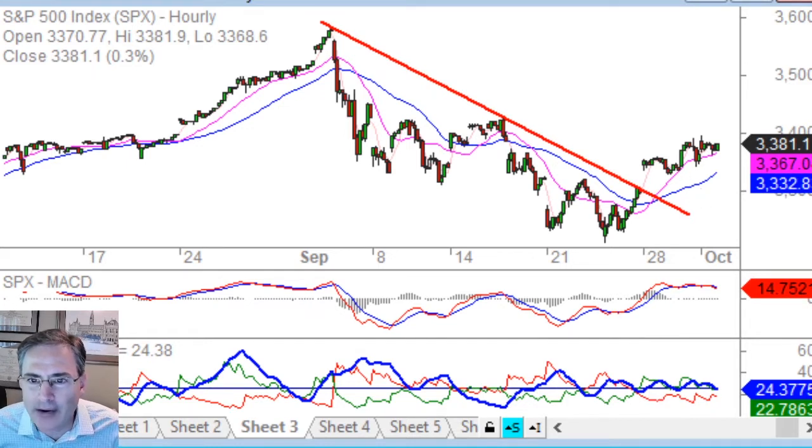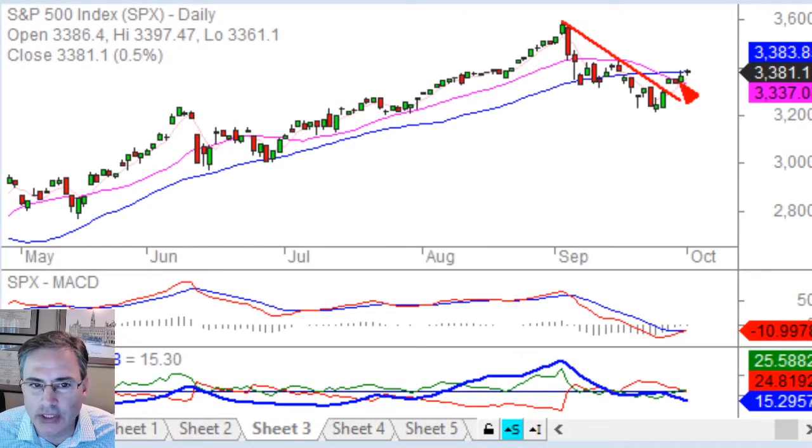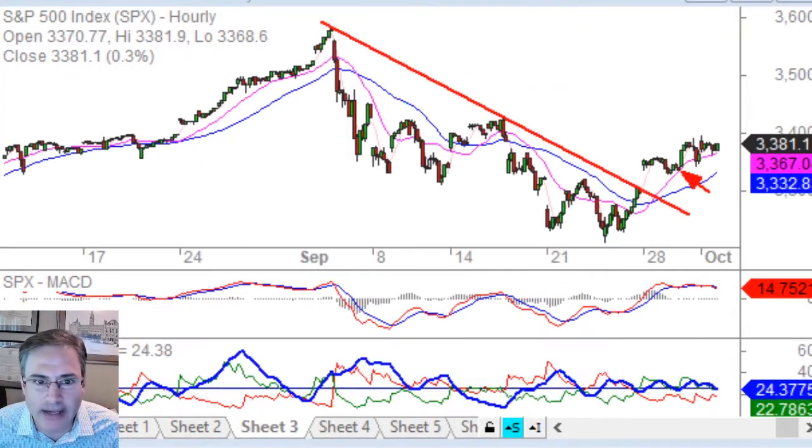So I don't have a problem with getting back long to the upside playing it like this, especially because the daily chart is in a position to turn back to the upside after being a part of that 2 time frame backtest setup. So I view that as an encouraging sign.